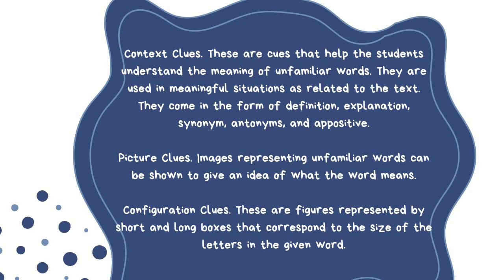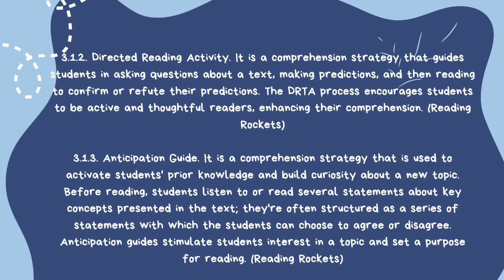The next one is directed reading activity. It is a comprehension strategy that guides students in asking questions about a text, making predictions, and then reading to confirm or refute their predictions. The DRTA process encourages students to be active and thoughtful readers, enhancing their comprehension, Reading Rockets.